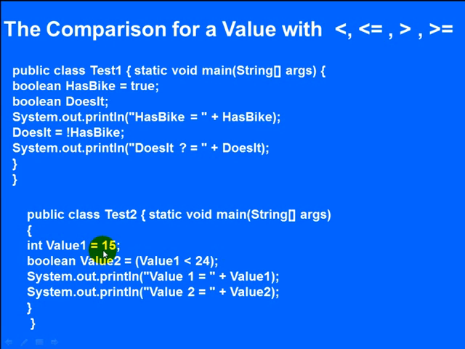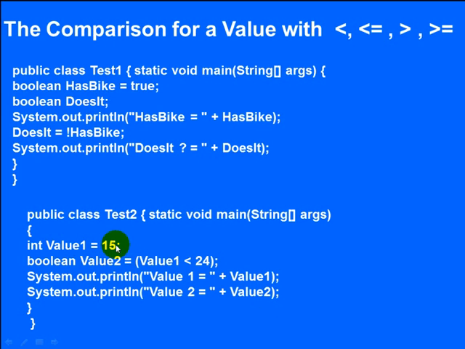The value of value1 is 15, so 15 is less than 24. Is it true or false? It is true. So value2 equals true. If we print the values of value1 and value2, we can expect the output 15 for value1 and true for value2.